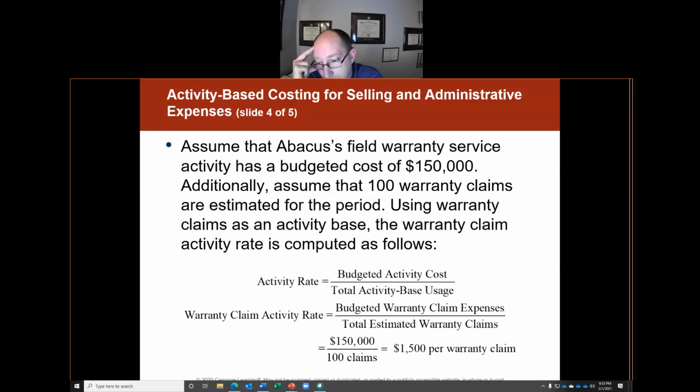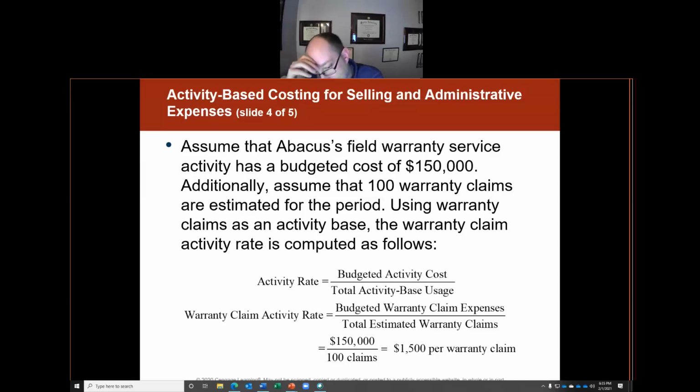Warranties, as you hopefully know, are if there's a defect in a product that you purchased, it might be covered under warranty. Warranty basically is a protection for customers. If something goes wrong with their product, it might be covered.